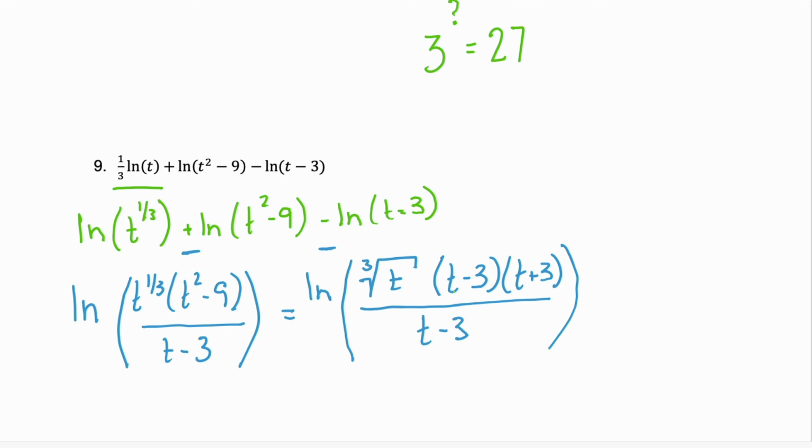That allows us to simplify the t minus 3 in the numerator and the denominator. Because they're all factors, they simplify down to 1. So our simplified single logarithm is the natural log of the cube root of t times t plus 3.